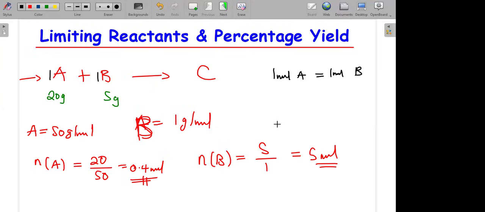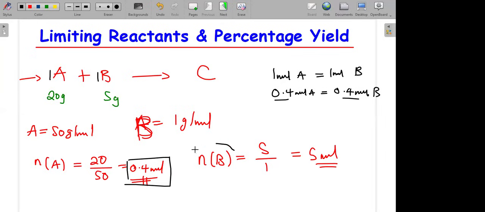Now if I have 0.4 moles of this reactant A, how many moles of reactant B do I need for a complete reaction to occur? Since the mole ratio is 1 to 1, if I have 0.4 moles of A, then I also need 0.4 moles of B. So for this guy here to react with the A completely, we only need 0.4 moles.